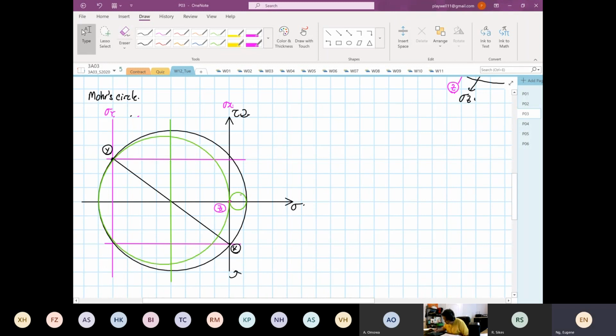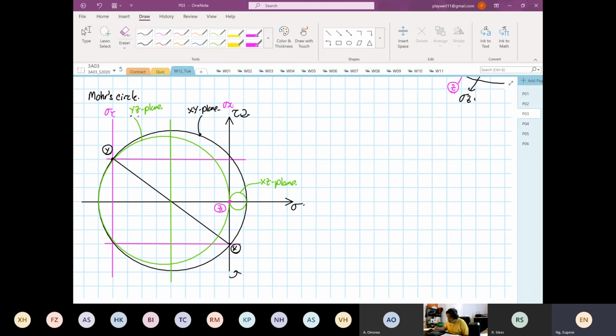Okay, so this over here is for our exact plane, right? And then the other circle. No, this is not exact plane, is it? Yep, that's exact plane. So this one is our YZ plane. And the bigger circle is our XY plane.